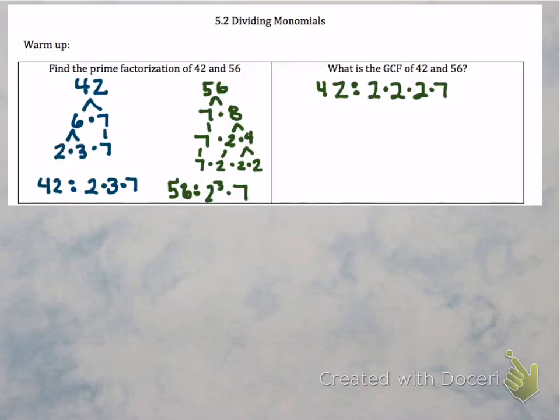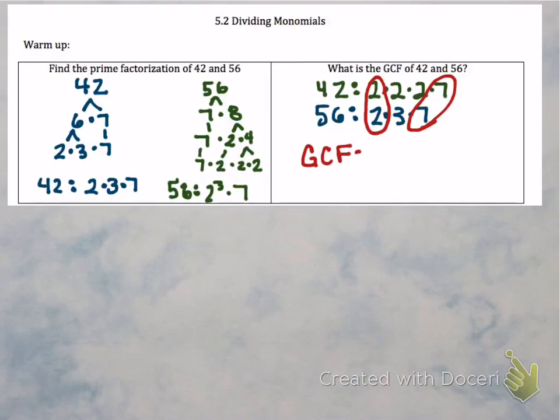We look at our matching factors to find our GCF. They have a 2 that matches, and they have a 7 that matches. So our GCF is 2 times 7, and our GCF of 42 and 56 is 14.